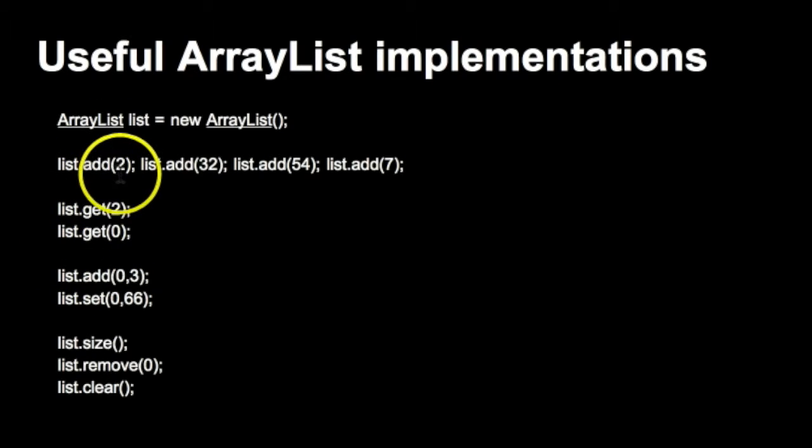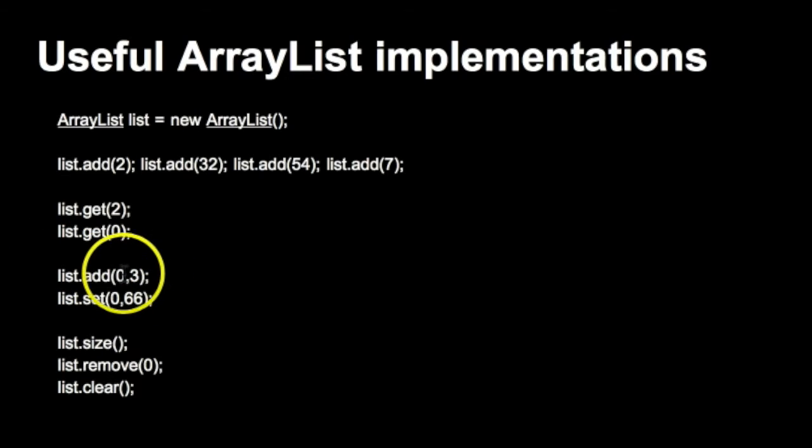Our add method allows us to add new objects to the list. When you just have that add method, it'll add it to the end of the array list, so it'll put it in order from when you use that add method. But if you specify an index with your add method, so if you have 2 numbers within your add method separated by a comma, this will say list.add(0, 3).